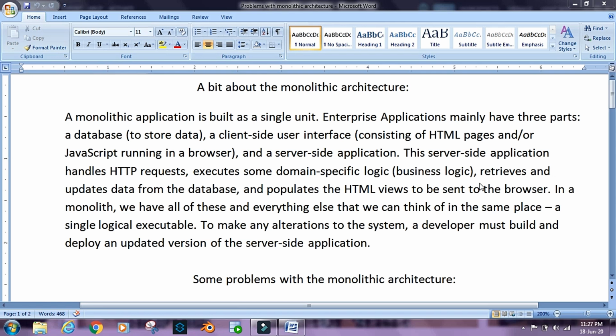So when we are trying to build an enterprise application, most of the applications consist of three parts: a database, a client-side UI, and a server-side application that talks to both the UI and the database at the backend, right? And this server-side application handles HTTP requests, executes some domain-specific logic or business logic, and retrieves and updates data from the database and populates the HTML views to be sent to the browser.